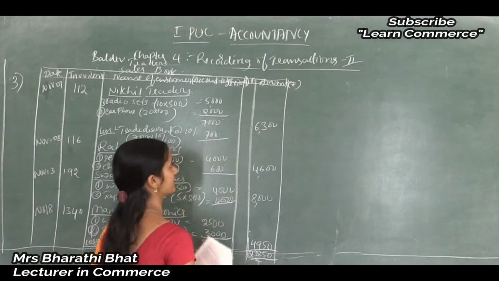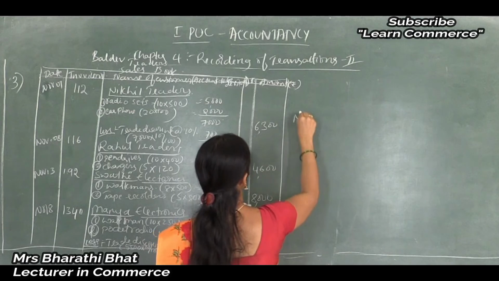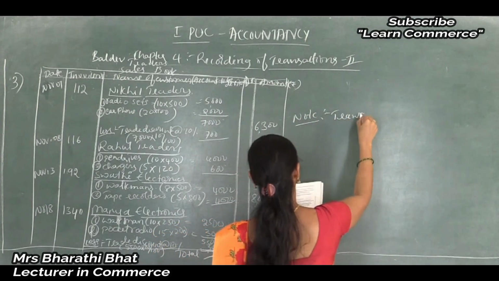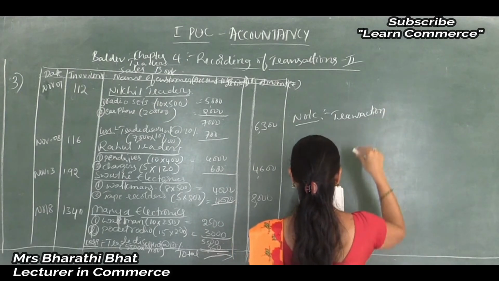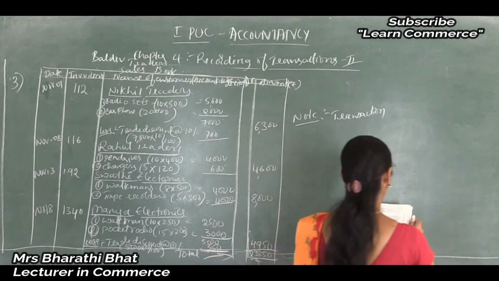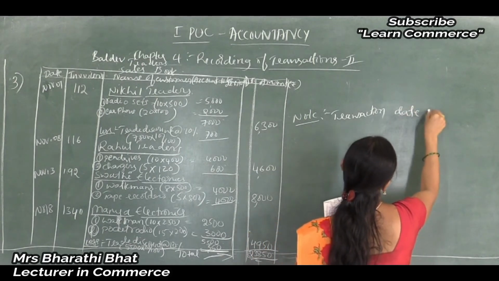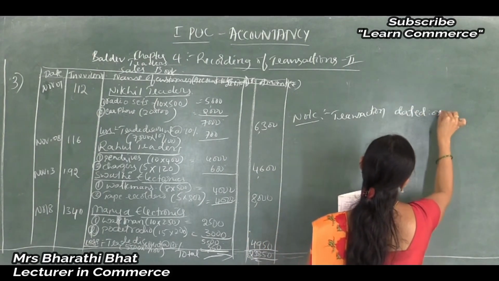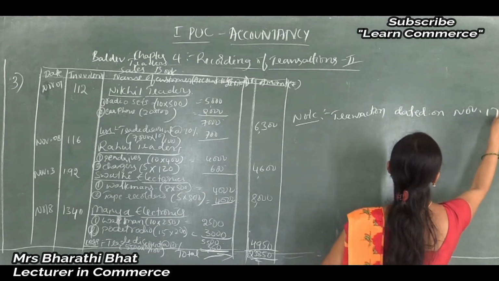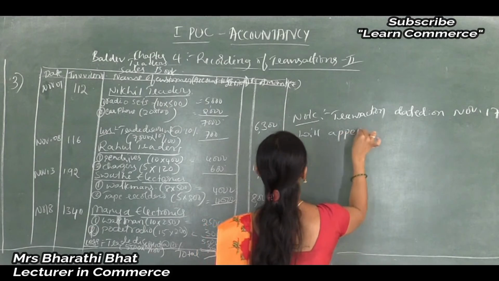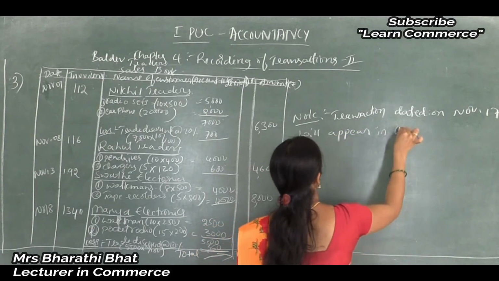And after completing this, we have to give a note in the next line: the transaction dated November 17 will appear in the cash book.